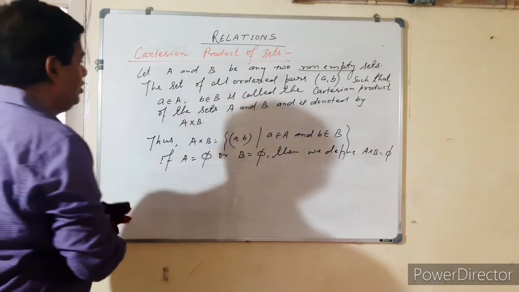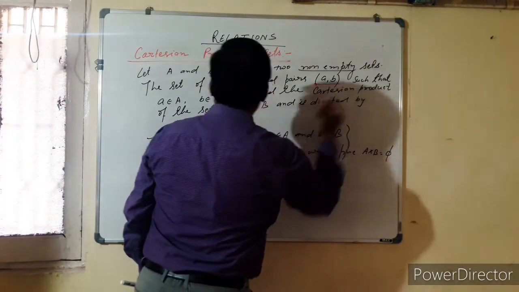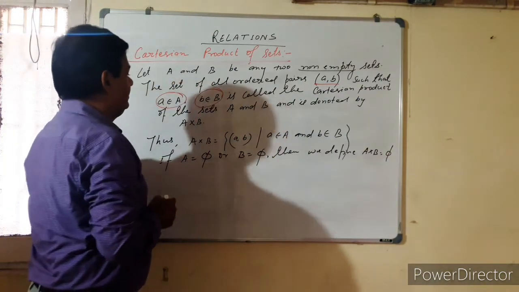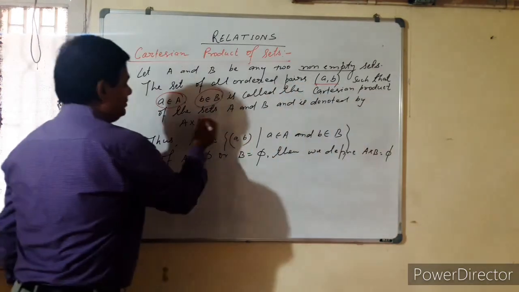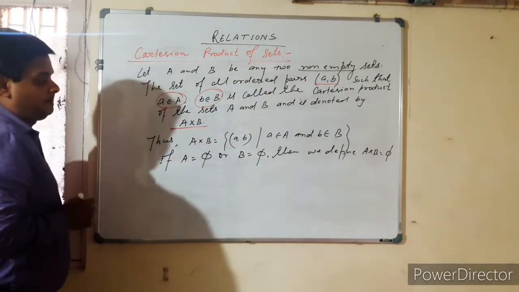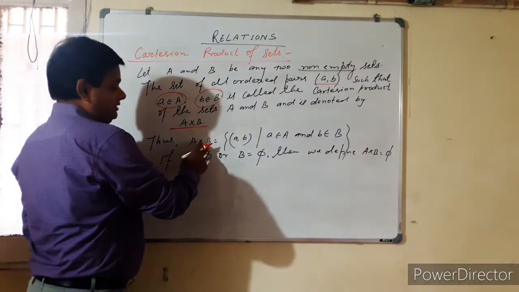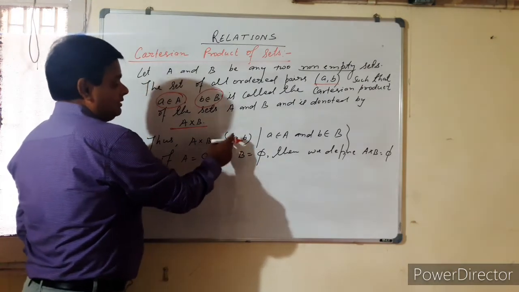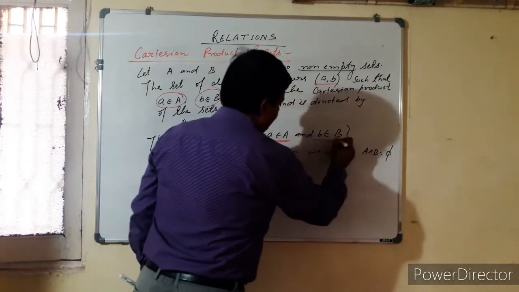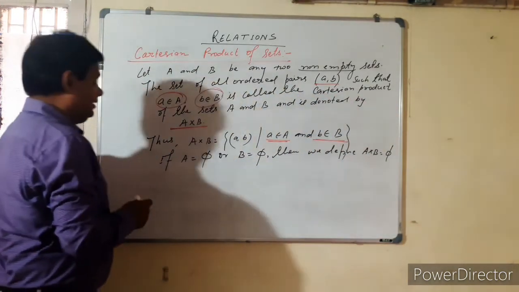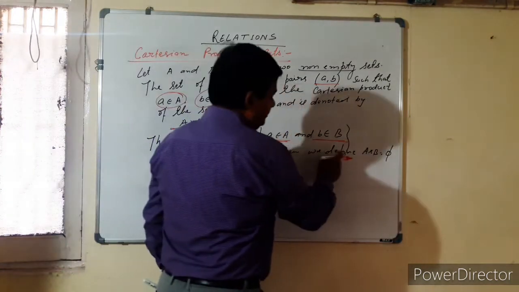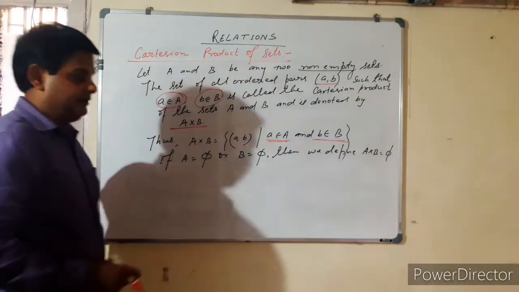The set of all ordered pairs (a, b) such that a belongs to A and b belongs to B is called the Cartesian product of the sets A and B, denoted by A cross B. A cross B is equal to, in curly brackets, (a, b) such that a belongs to A and b belongs to B. If A is the null set and B is also a null set, then we define A cross B as the null set.